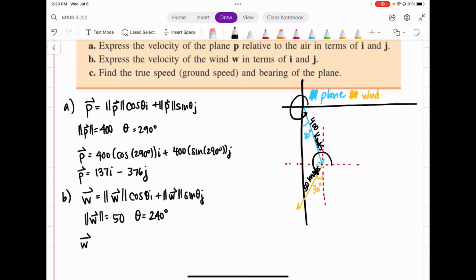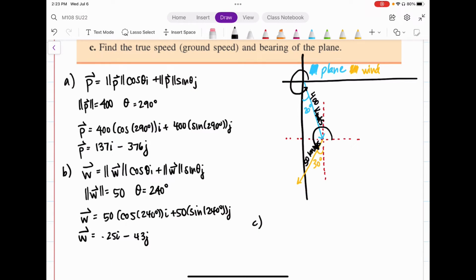Then the velocity of the wind is 50 times the cosine of 240 degrees i plus 50 times the sine of 240 degrees j. The wind velocity is then given by negative 25i minus 43j, rounding to the nearest whole unit.